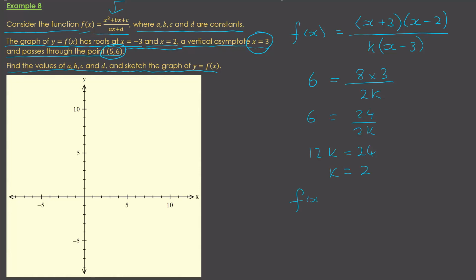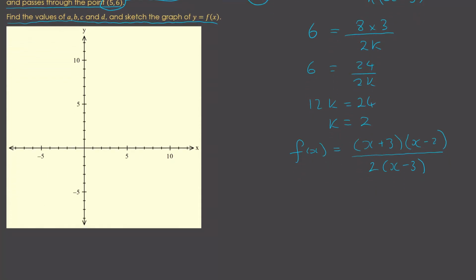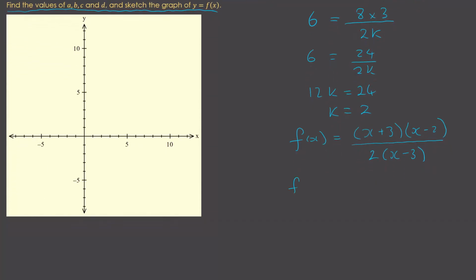So f of x is going to be x plus 3, x minus 2, over twice x minus 3. And if we expand out there, that's going to be that f of x is x squared plus x take away 6 all over 2x minus 6.